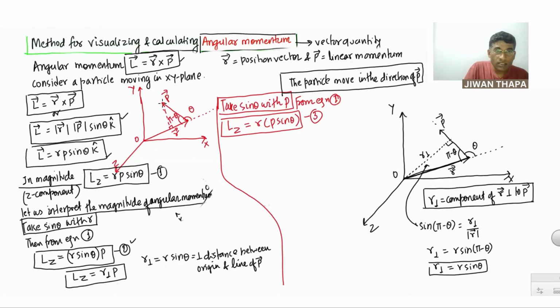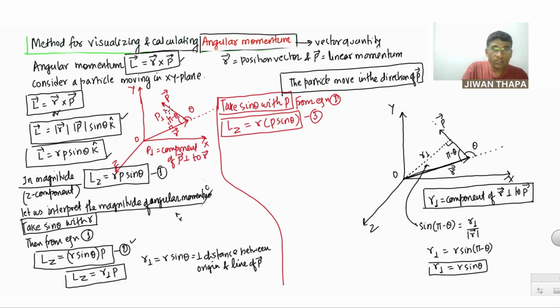This length is represented by P perpendicular. And what is P perpendicular? This is the component of linear momentum perpendicular to the position vector.